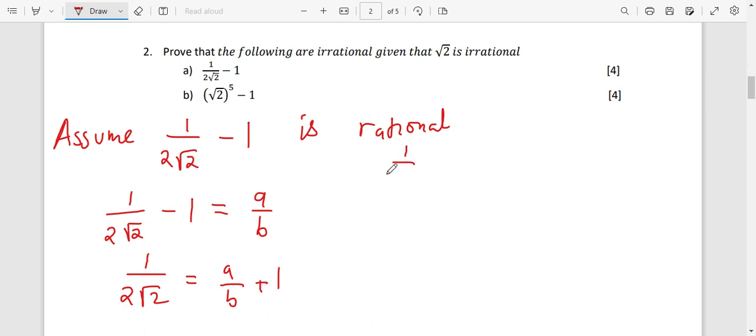From here, we're going to have 1 divided by 2 square root of 2 equal to, simplifying, A over B plus 1, which gives A plus B over B. This is a simple fraction. I'm doing this because we learned these fractions in high school. It is not anyone's duty to teach how to simplify a single fraction in higher education.